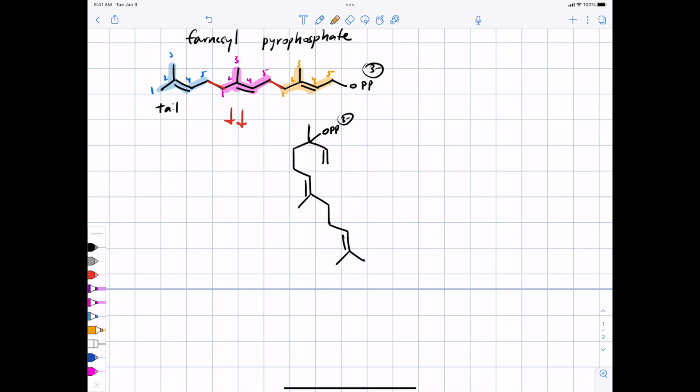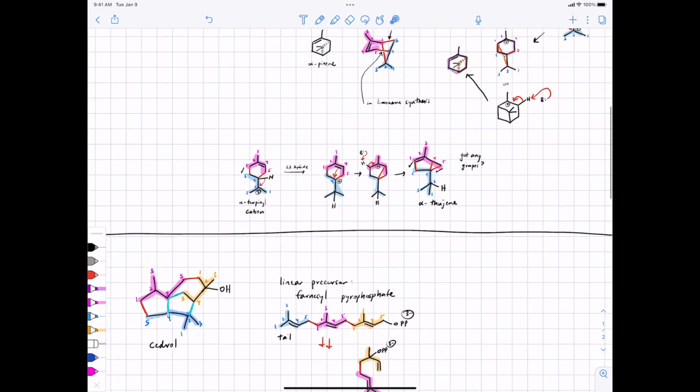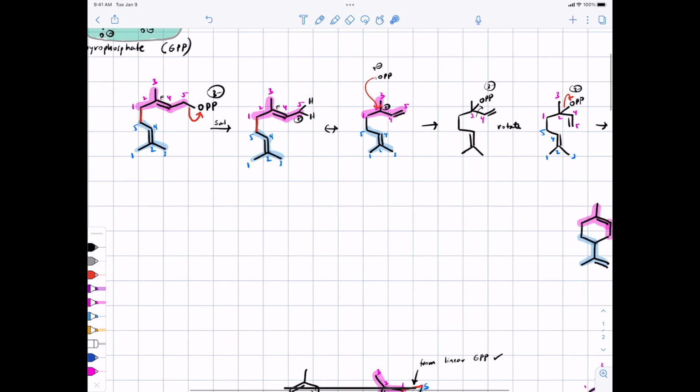All right, so here's the orange subunit, 1, 2, 3, 4, 5. Here's the pink subunit, and here's the blue subunit. I put the OPP in a different spot. Do you remember how before, to get the cis double bond, or to get carbon 5 close to carbon 4, we removed the leaving group.